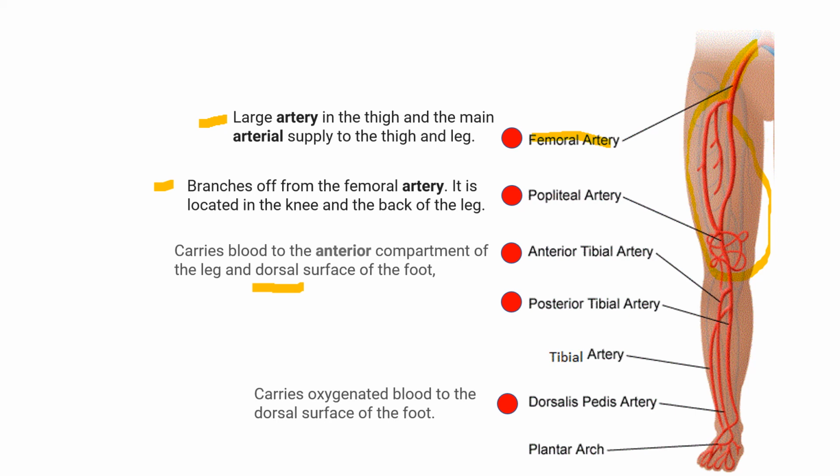That's important to review. And then the dorsalis pedis artery simply carries oxygenated blood to the dorsal surface of the foot. So again, like I said before, it's bringing oxygenated blood and servicing the oxygen needs of the leg.